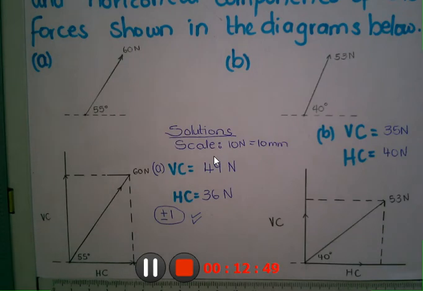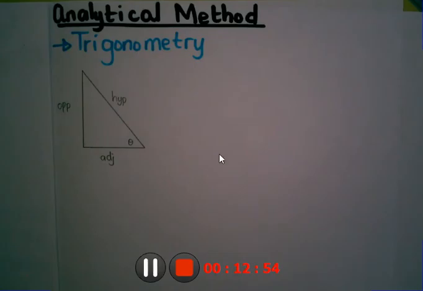We are moving on to the analytical method. Okay, let's continue. Now the analytical method. For the analytical method, we are using trigonometry to solve for our components.